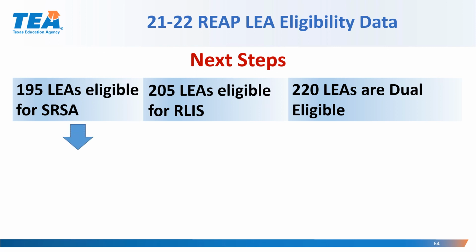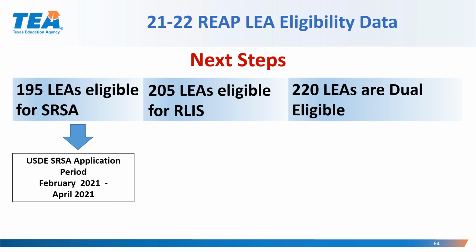So what are some of the next steps? For SRSA, the USDE SRSA application period opened up in February 2021 and the application closed on April 2021. That means that any LEA who was eligible to apply had to have applied by April of this year.